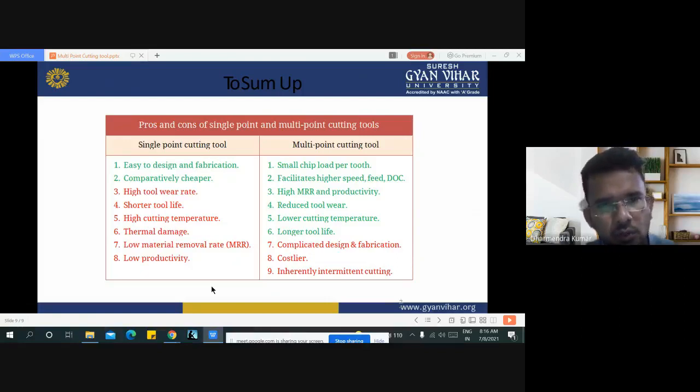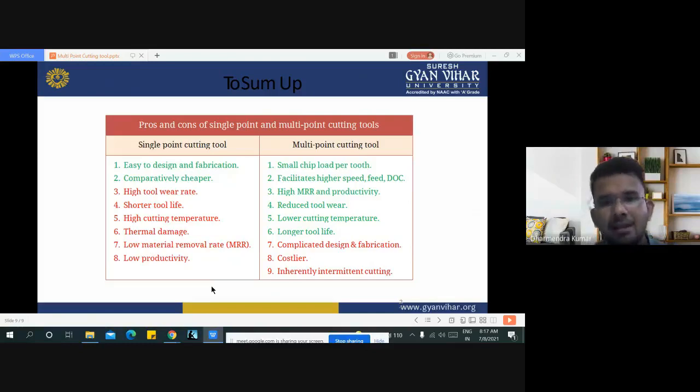A single point cutting tool has a high tool wear rate because there is one and only one cutting edge, and a multi-point cutting tool gives high material removal rate, MRR, and productivity.